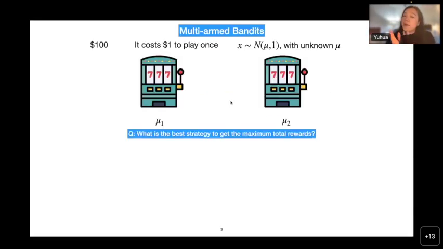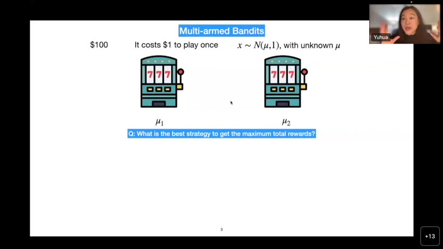For example, we have $100 and two slot machines in front of us, and it takes $1 to play one of them once. We know that for these two slot machines, the reward follows a normal distribution with a known variance of 1, but with an unknown expectation nu. So what is the best strategy to get the maximum total reward out of this $100?